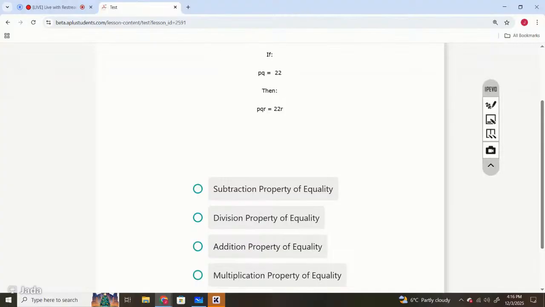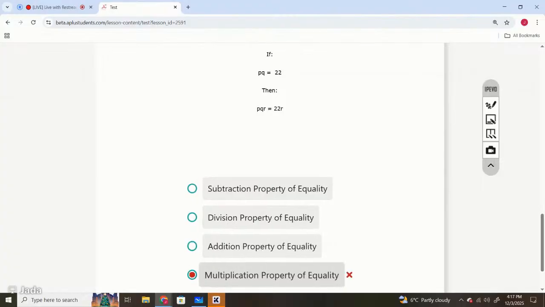So we are multiplying R on both sides, right? So that is the multiplication property of equality. Basically, we're multiplying the same number on both sides. Still, the equation is exactly equal. So that is multiplication property of equality.